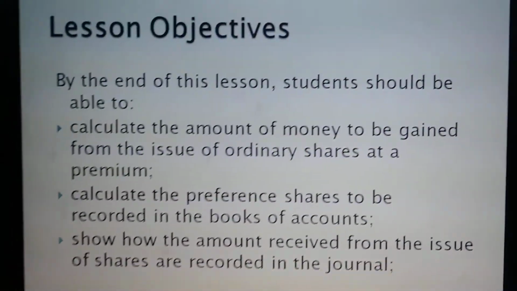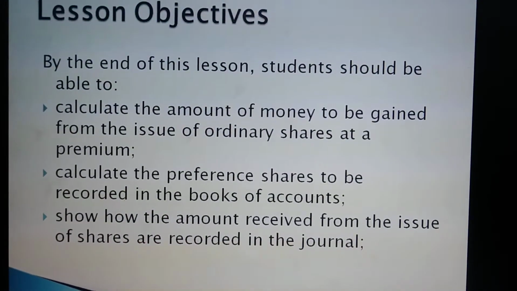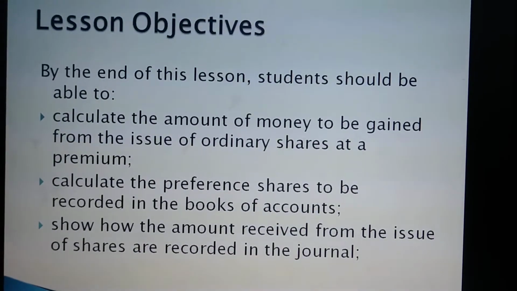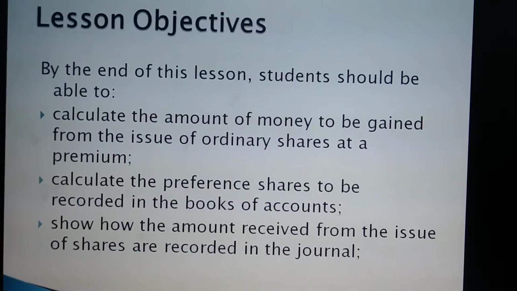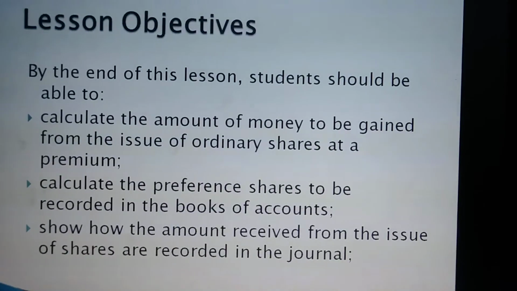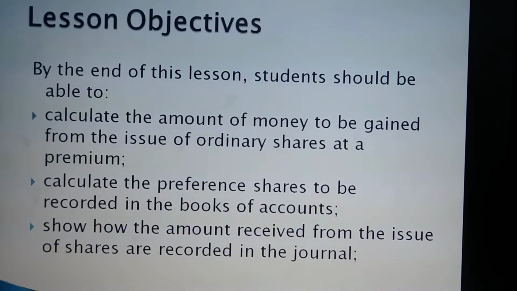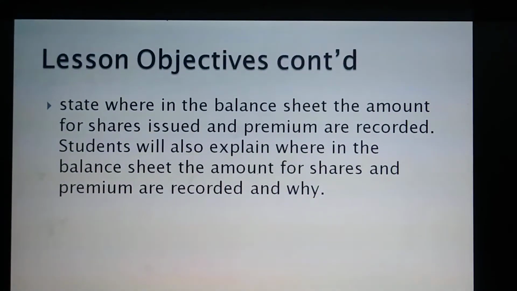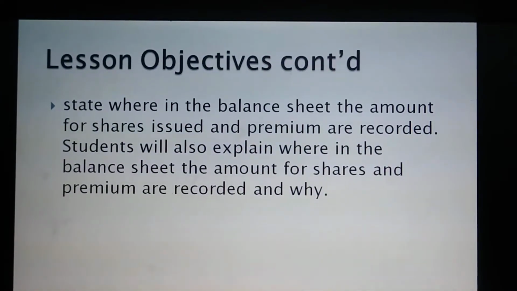So, the objectives for today's lesson. By the end of this lesson, students should be able to calculate the amount of money to be gained from the issue of ordinary shares at a premium, calculate the preference shares to be recorded in the books of accounts, show how the amount received from the issue of shares are recorded in the journal, and state where in the balance sheet the amount for shares issued and premium are recorded.